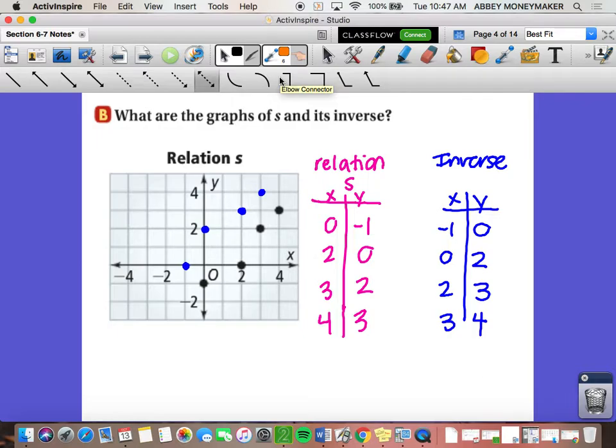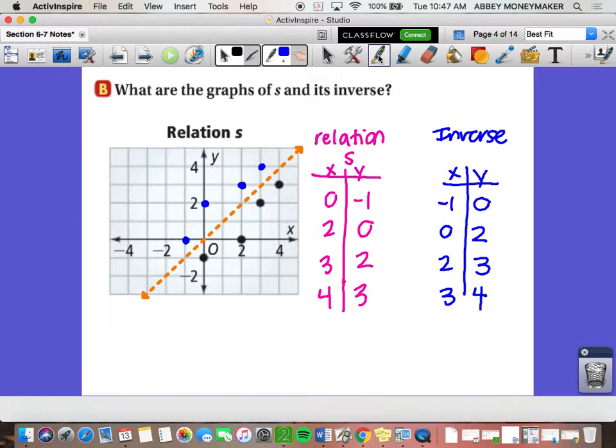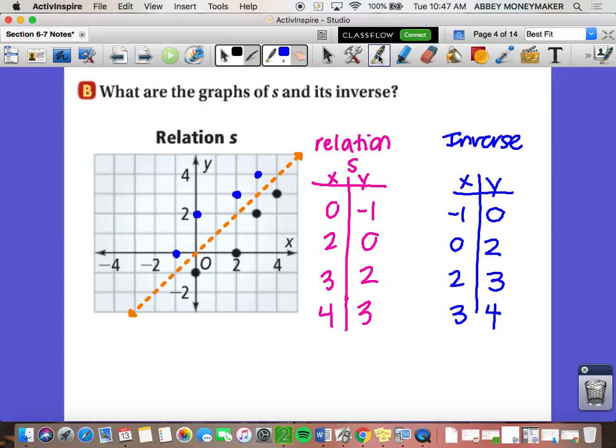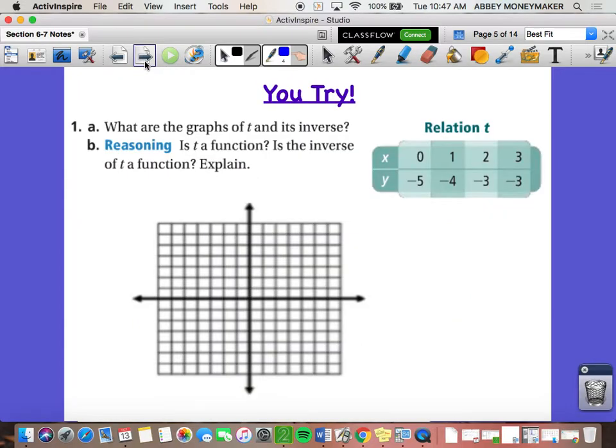There's a certain pattern going on, and I'll go ahead and draw my line in here for you to see that a relation and its inverse, it is a reflection over the line y equals x. And that's going to happen every time, okay? They are truly a reflection of each other over the line y equals x. That's that line here, y equals x. Okay, so that can kind of help you make sure that you graphed the inverse correctly.